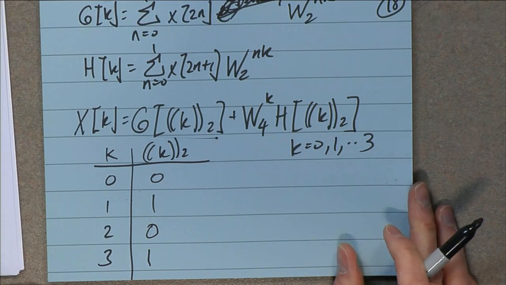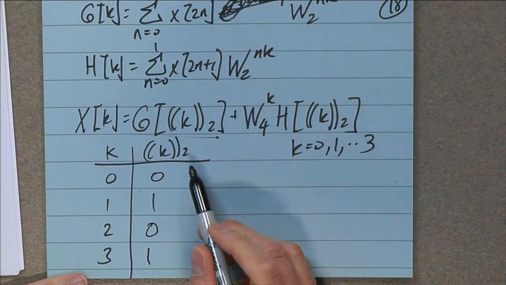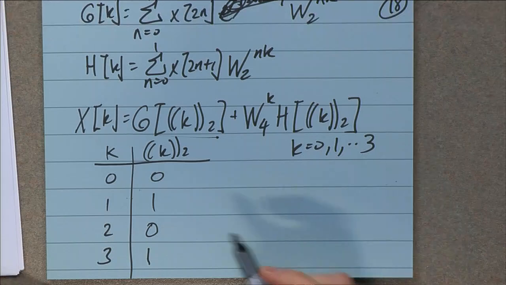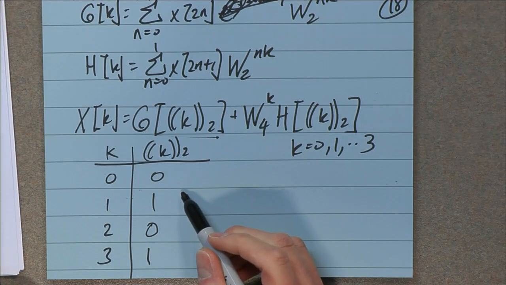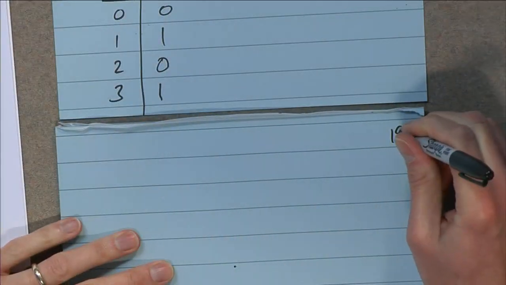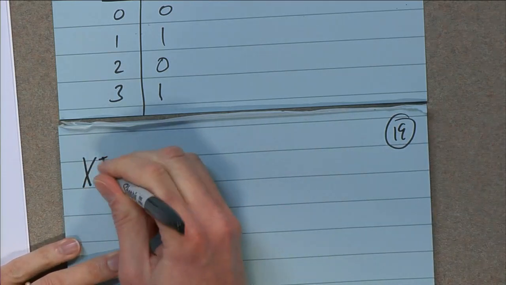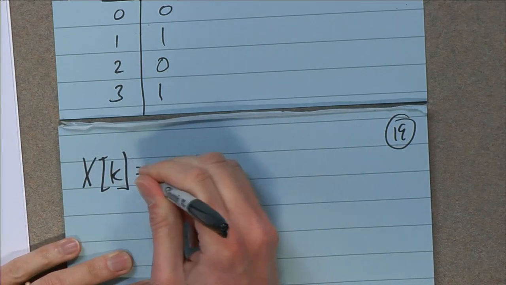So what is this really doing to g of k? In some sense, it just has the effect of repeating g over and over again, right? So let's just write this out like it's either a command in MATLAB or maybe a matrix operation.